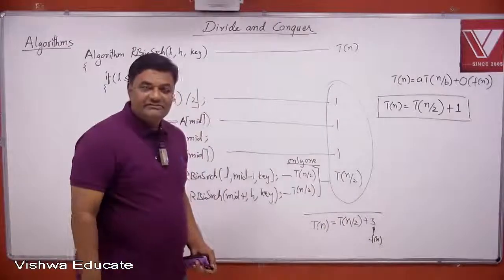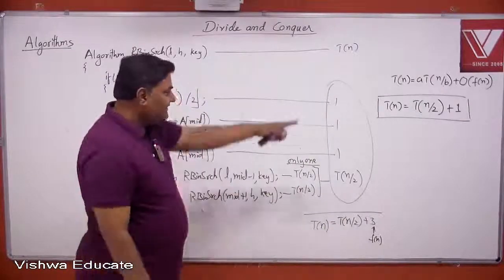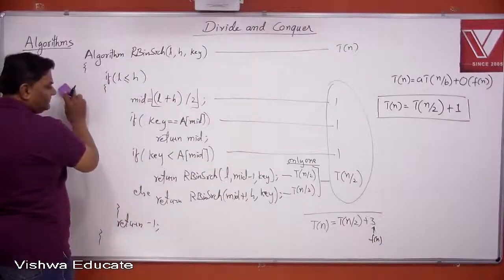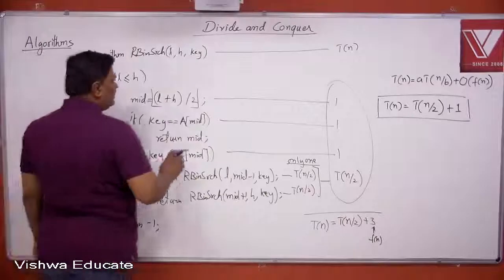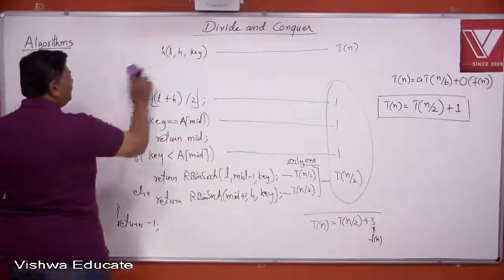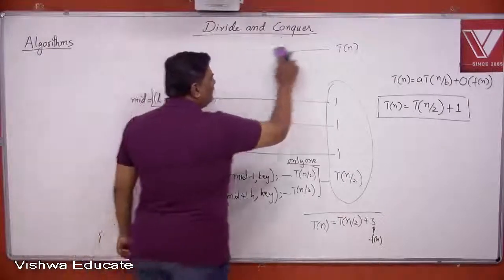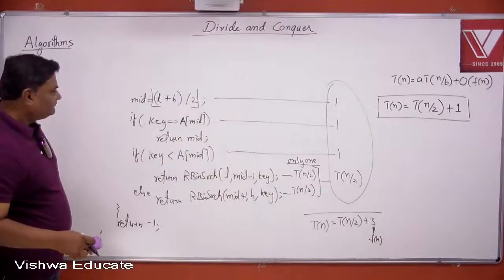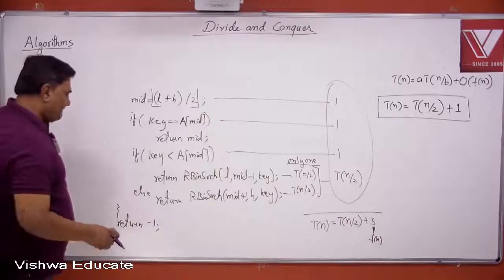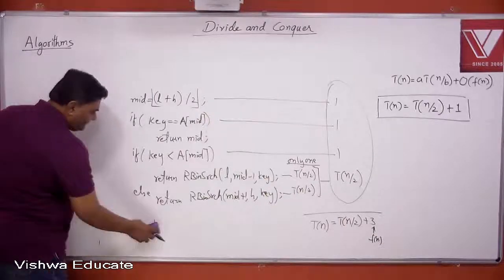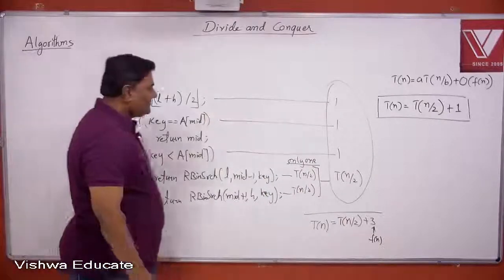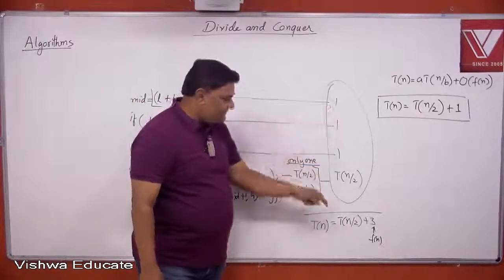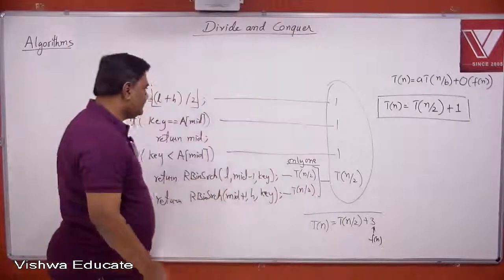Finally, we don't have to count all these and write. These are constant values, so write 1 only.